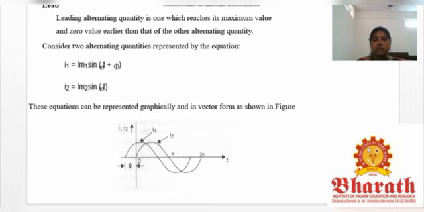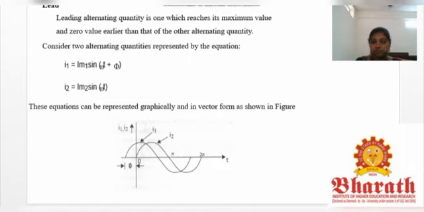Now how do we draw this graphically? The current I2 is our reference current, starting at 0, completing its positive half cycle at pi, and continuing with the negative half cycle, completing at 2 pi. The current I1 is leading by an angle of phi, so it should be drawn ahead of I2.